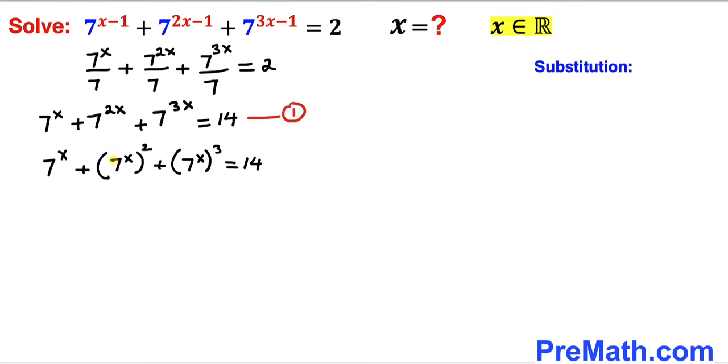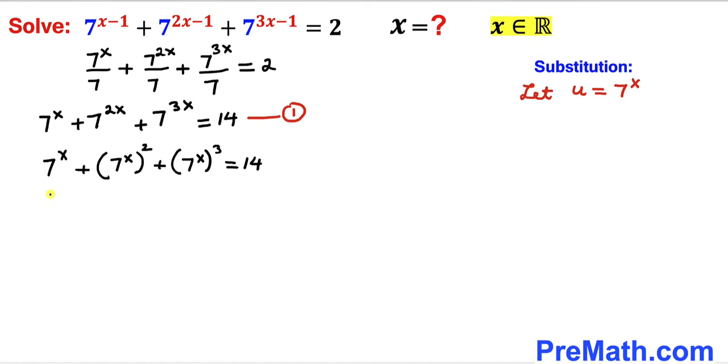Now we are going to make a substitution to make the job simpler. We are going to focus on 7^x, 7^x and 7^x. I'm going to call 7^x as u. In other words, let u equal 7^x.